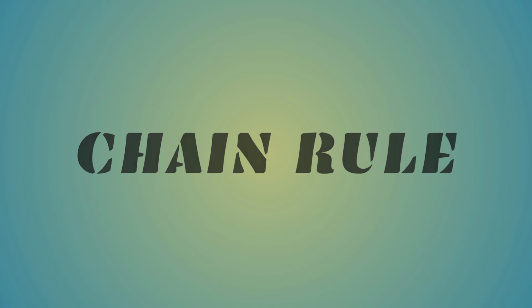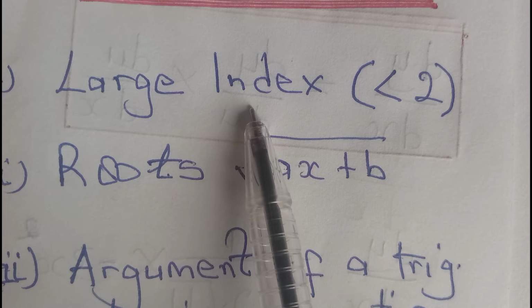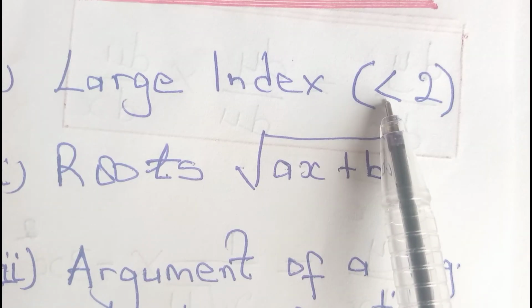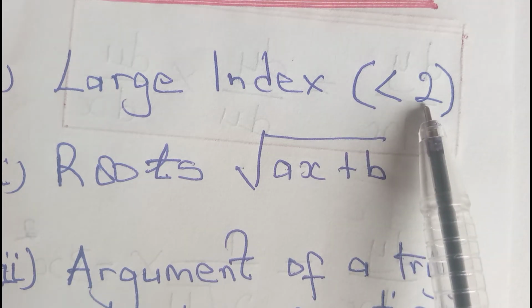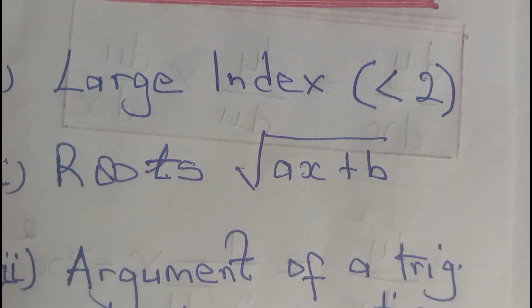Chain rule has different conditions to be satisfied before it can be applied. The very first of those conditions is when the index of the function of function is greater than 2. When the index is greater than 2, then chain rule is the best technique for that problem.